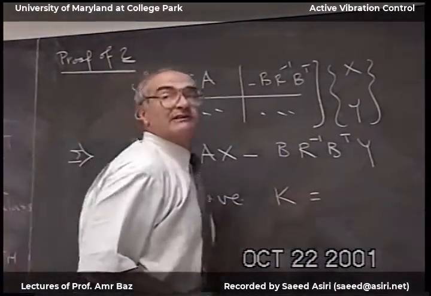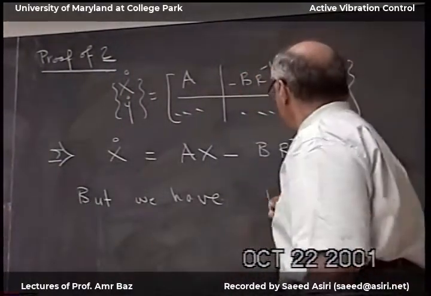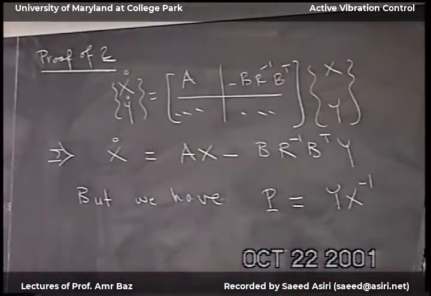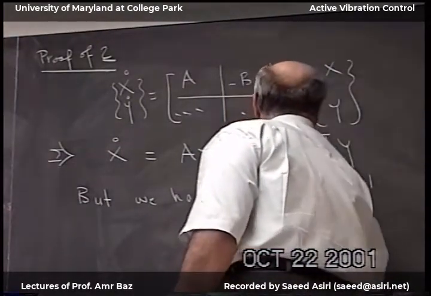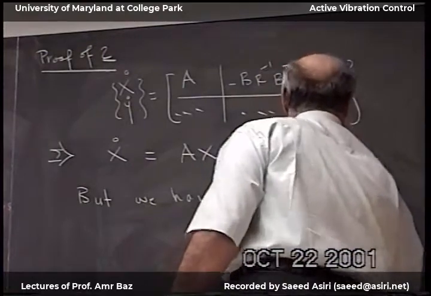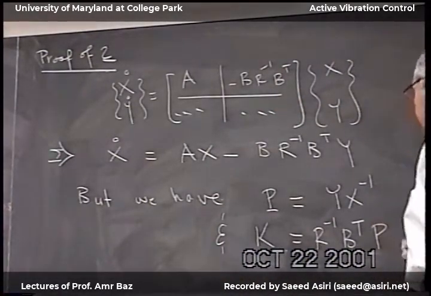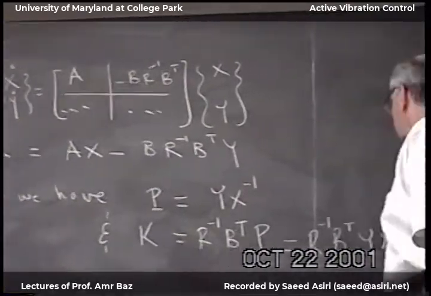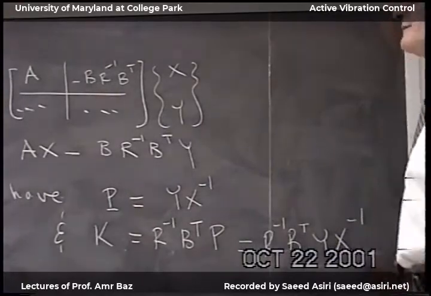Okay? But we have the control gain is equal to, first we have P is equal to y and x inverse. Okay? And the control gain is equal to times P. So I can now replace this y and x inverse.